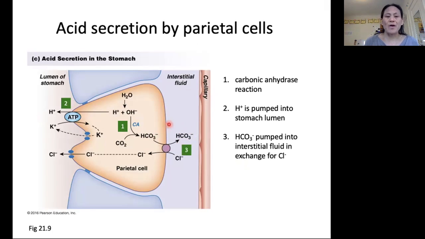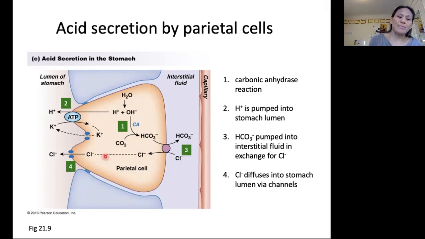So we need that bicarbonate in the plasma. I also want to point out that this bicarbonate is pumped out in exchange for chloride anion. And then that chloride anion finally just diffuses out through channels, out of the apical membrane into the stomach. So that's how we get our H plus and how we get our Cl minus.